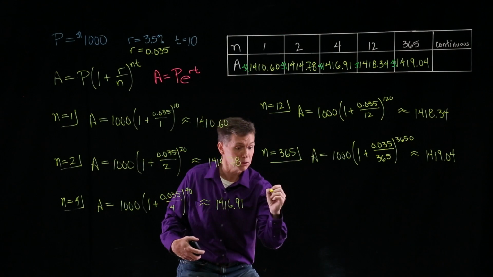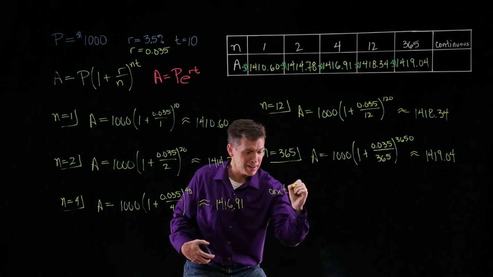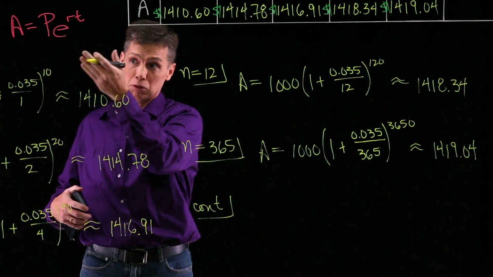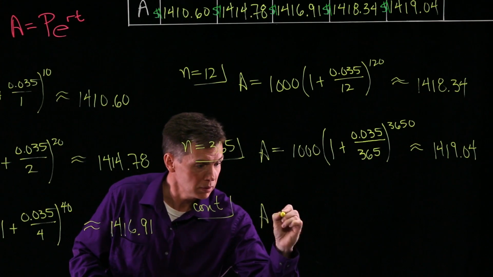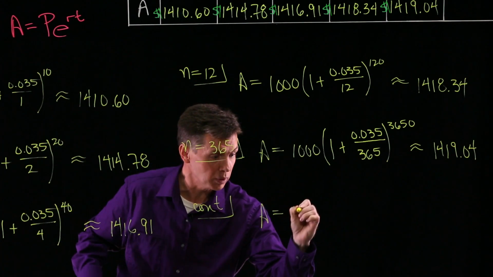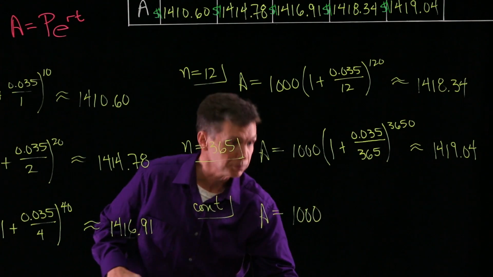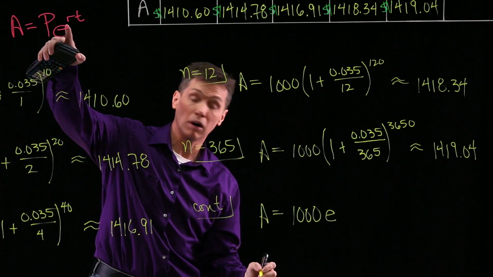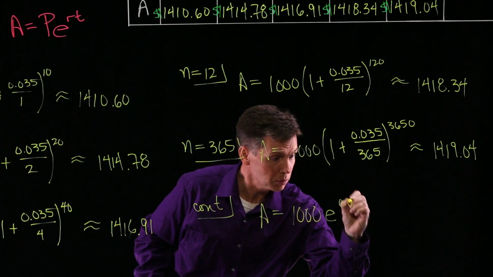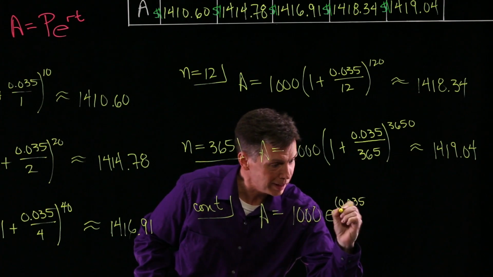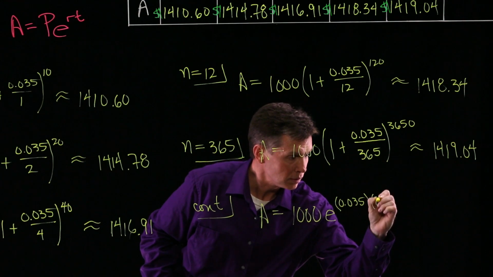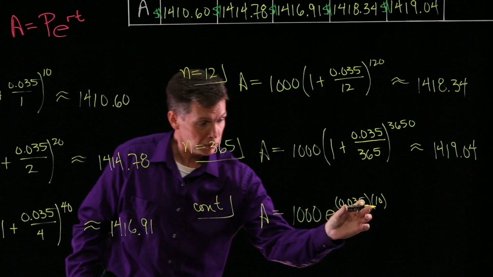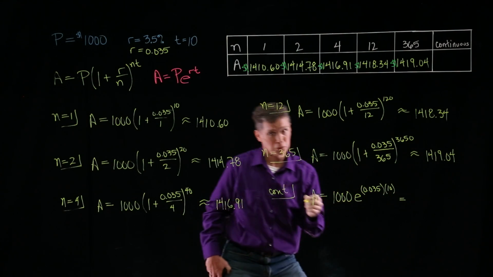So I'm going to go to my last entry, and I don't really have an n value here. Again, it's every split second that you can think of is when you're getting your interest. I just have a new formula. A equals, my P is still 1,000. My base is e, and I raise to the r, 0.035 times t, which is 10, power. So 1,000 times e raised to this, let me actually do a little bit more math in my head.